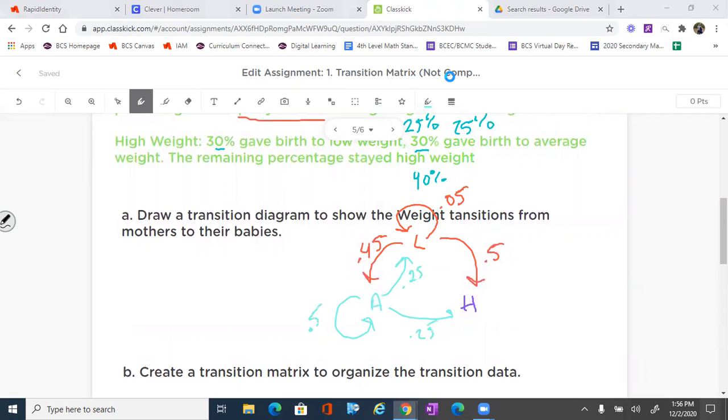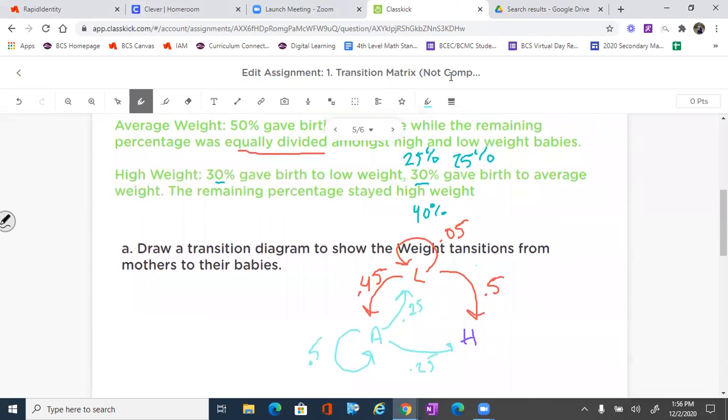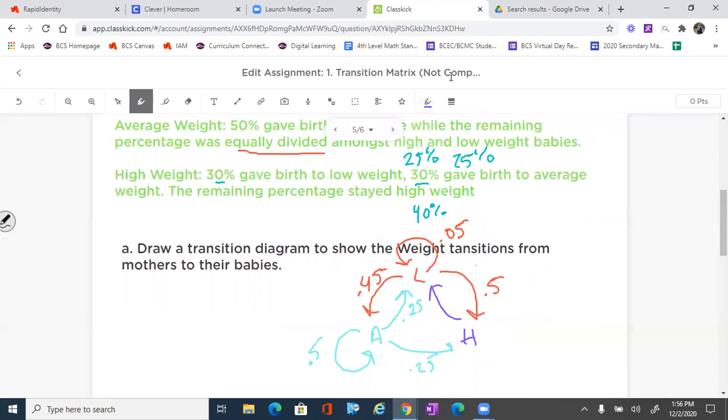And then we're going to go off to our high weight, and it says 30% gave birth to low, so 0.3, and then 30% gave birth to average, 0.3, and then of course 40% stayed in the loop of high.